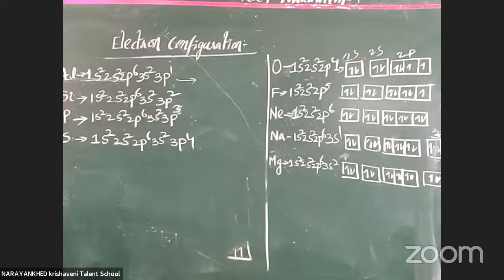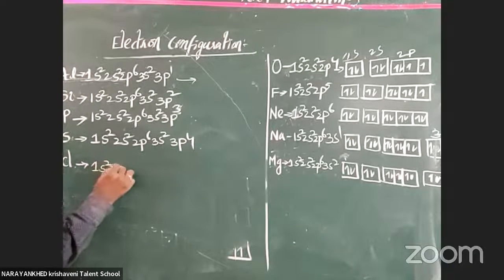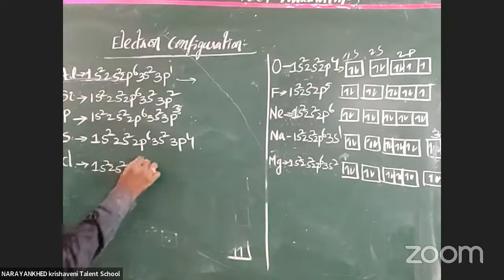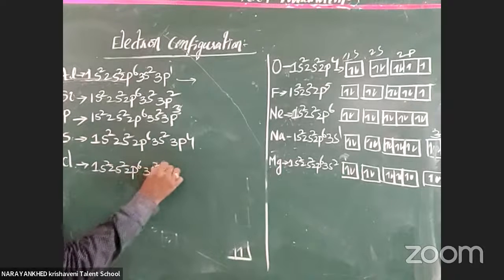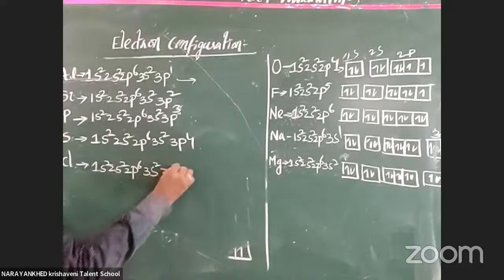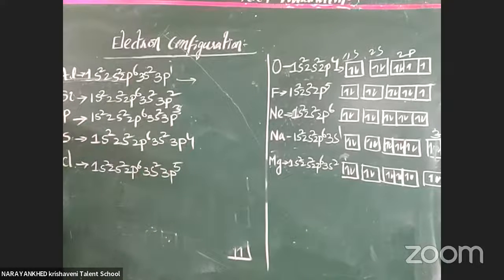After sulfur we have chlorine. 1s2, 2s2, 2p6, 3s2, 3p5. Got it or not?